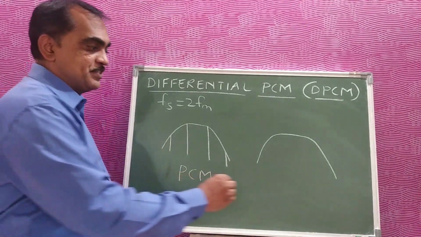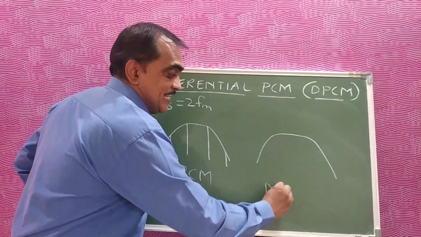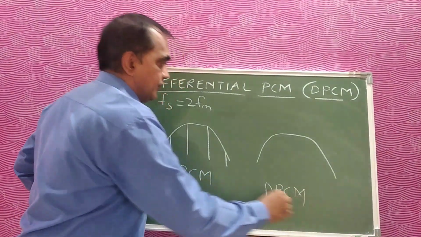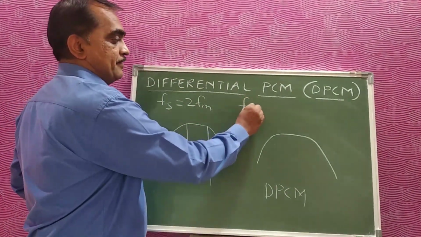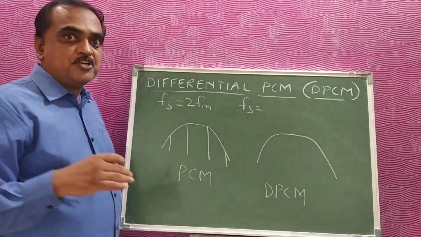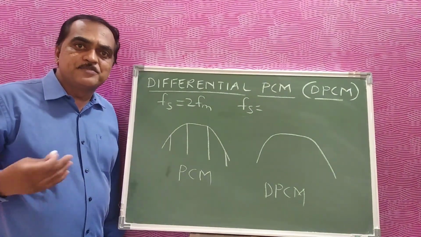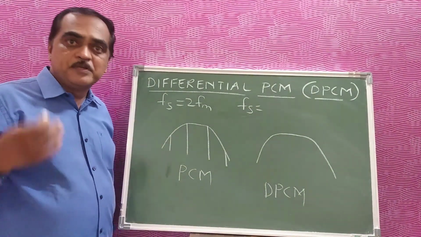So here in DPCM, we can increase the sampling rate. Say for example, 3 FM, 4 FM, 5 FM, 6 FM, 7 FM, 8 FM, 9 FM, anything.